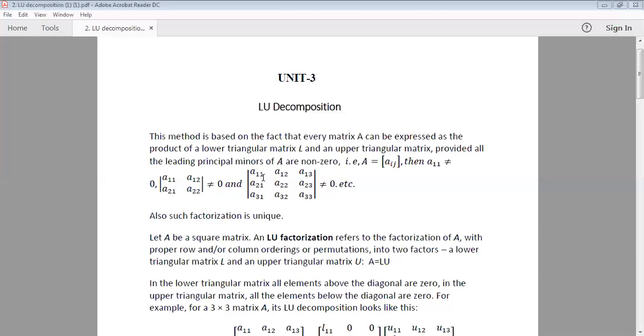And the leading principal minor of order 3, the determinant of A11, A12, A13, A21, A22, A23, A31, A32, A33, is not equal to 0. I explained leading principal minors of A in unit 2, nature of quadratic forms. So just see that to understand leading principal minors of A.